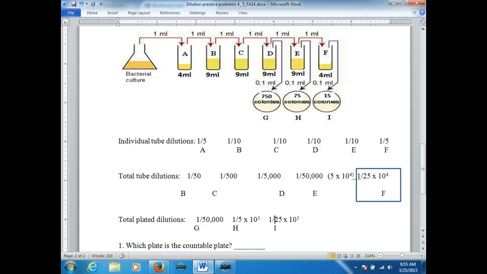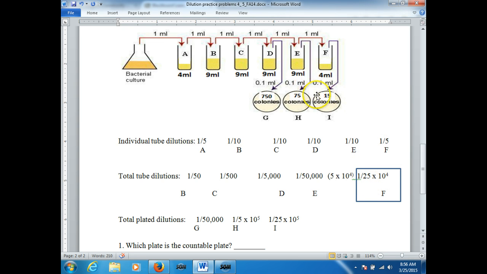Can you explain that one again? I was catching on that one. Okay. Whatever tube the plate came from, you have to take into account that tube's final dilution. In this case, it's 25 times 10 to the 5th.